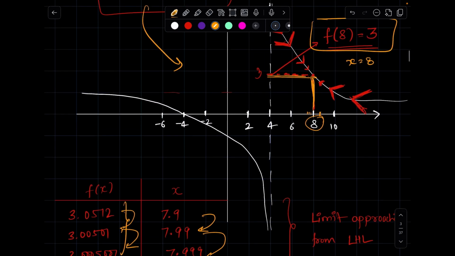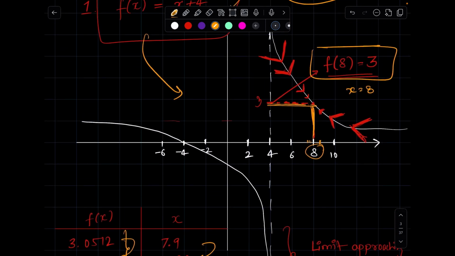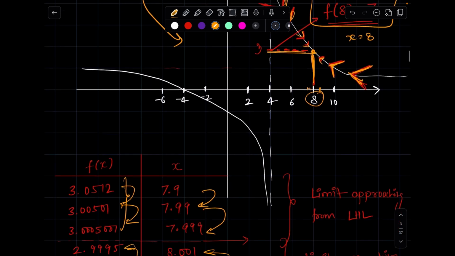This is called a right-hand side limit. As you see, your values become closer and closer to the actual value when approaching from the left-hand side and the right-hand side. This is what limits is all about. Limits is not talking about the actual value at which the function exists, or at which the function is continuous.